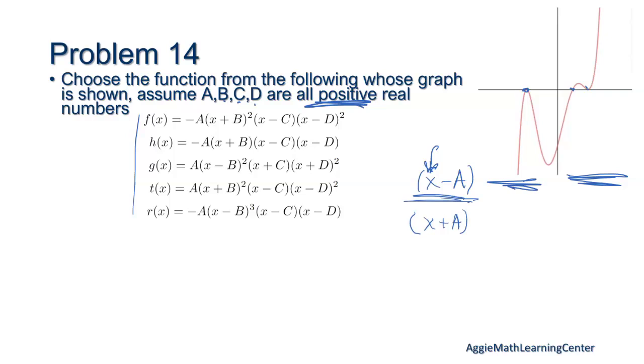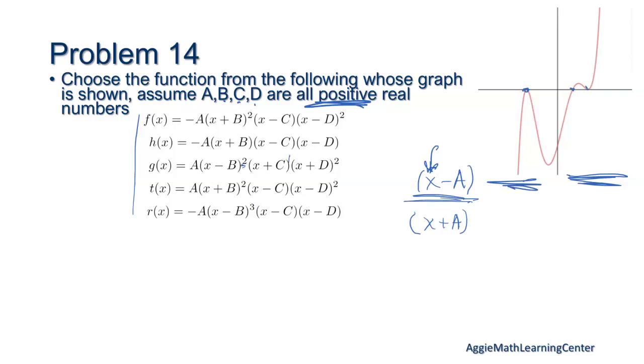All right, so with that in mind, I can identify the multiplicity, meaning the exponent on the factor, based on if the function is passing through a certain x-intercept, bouncing off, or if it looks linear near it.